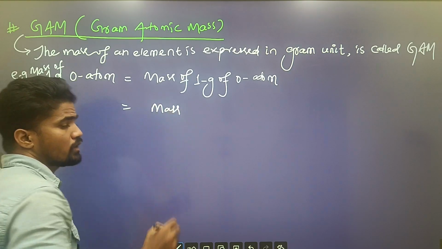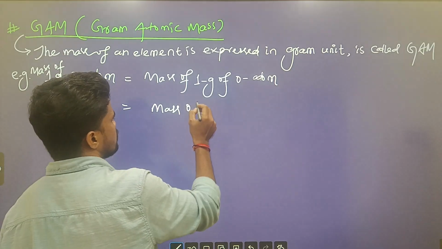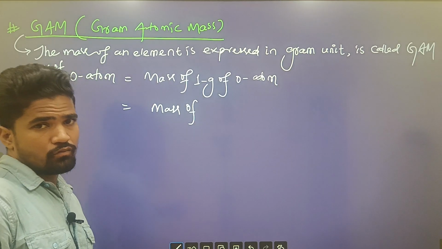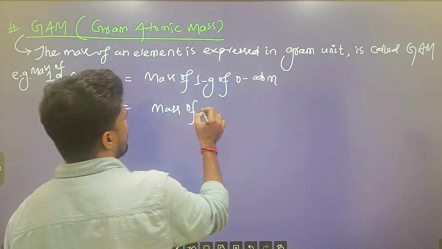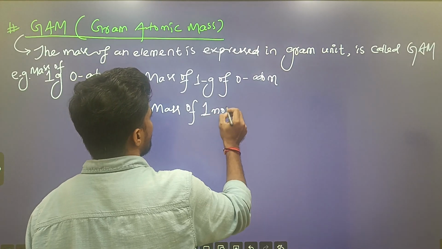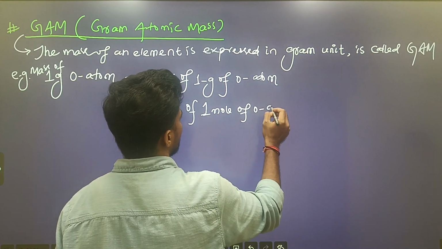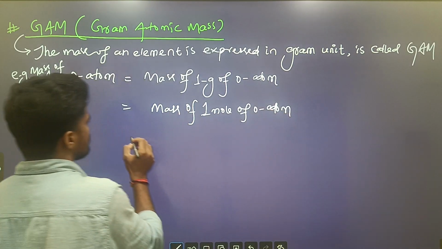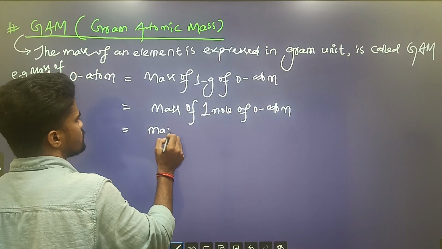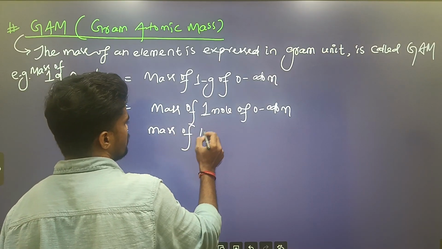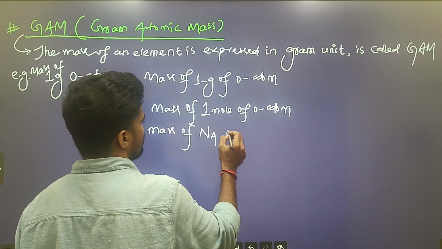So 1 gram means equal to 1 mole. We know that the mole concept is equal to the gram concept. So the mass of 1 mole of oxygen atoms is equal to the mass of Na oxygen atoms.